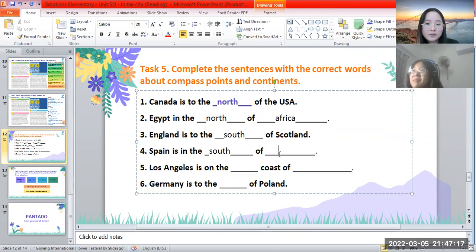Africa. Spain is Africa. No. America. America, no. Spain is in Europe. How about Los Angeles?